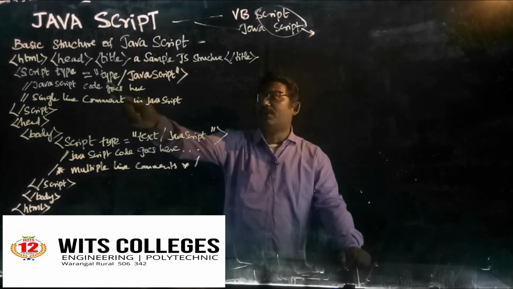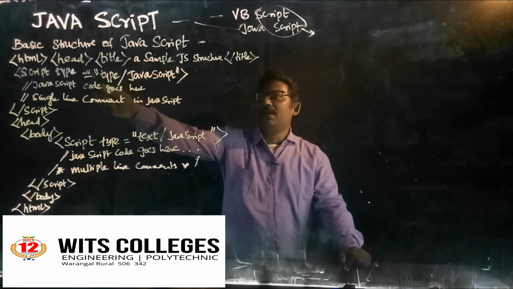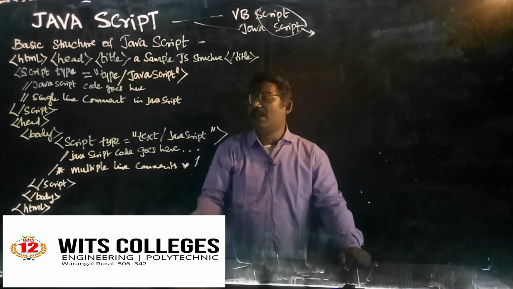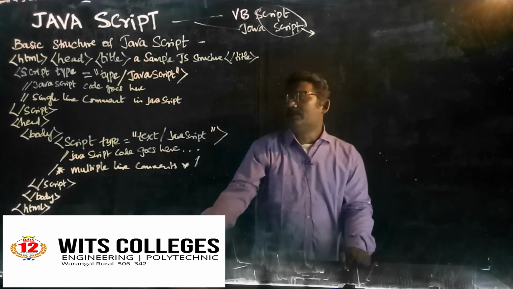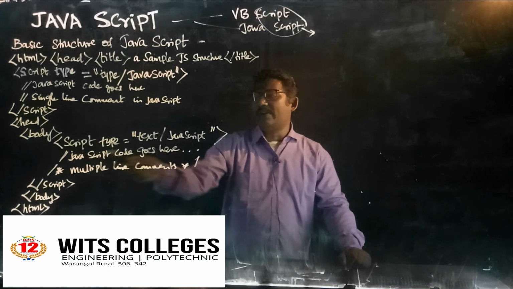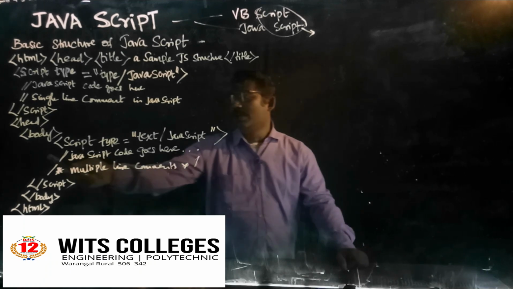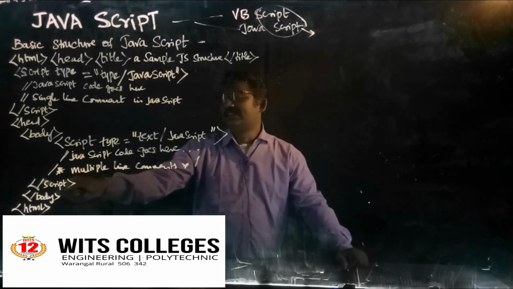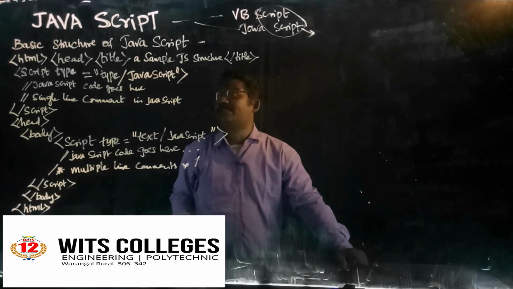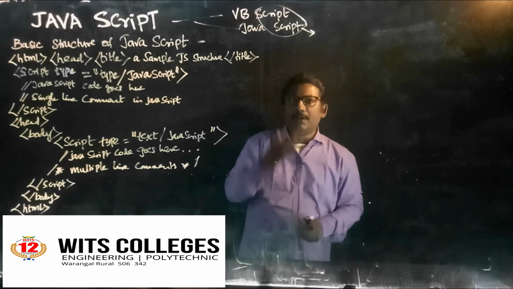Whatever script code you want goes in between the script tags, and that code will be called in the main program. Multiple line commands can also be given. The script starts here and closes here, then the body starts and closes, then HTML is closed. So this is the basic structure of JavaScript.